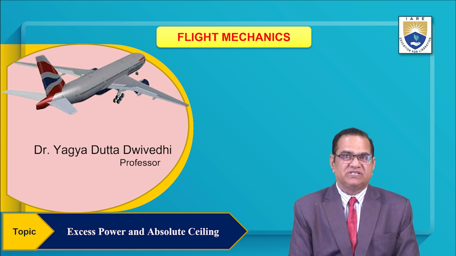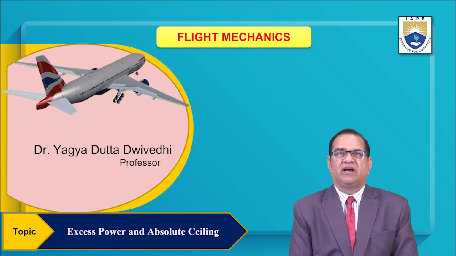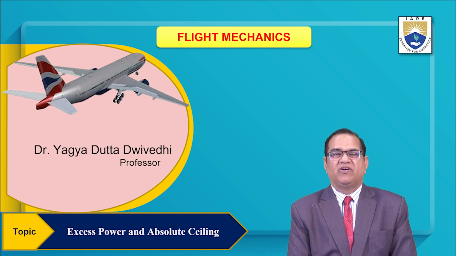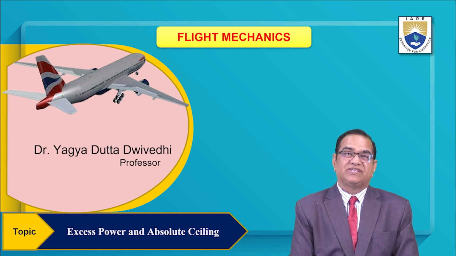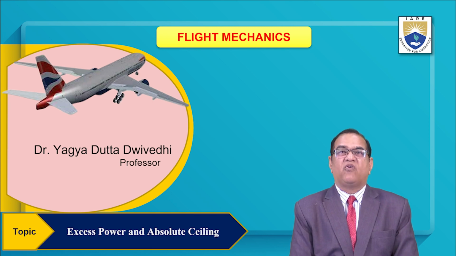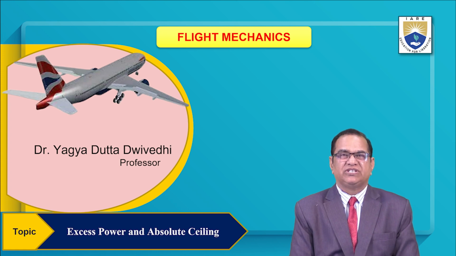As of now, this is my 10th lecture. 9 lectures I have already completed, which cover the basics of flight mechanics like lift theory, drag polar, thrust required, power required, minimum velocity for the thrust required, minimum velocity for the power required, relation between lift and the velocity, at what maximum velocity you can fly, at what minimum velocity you can fly.